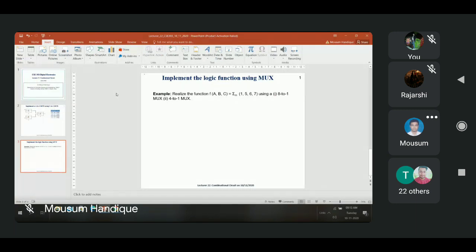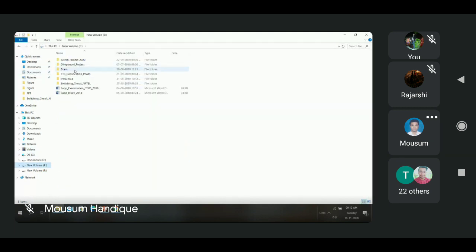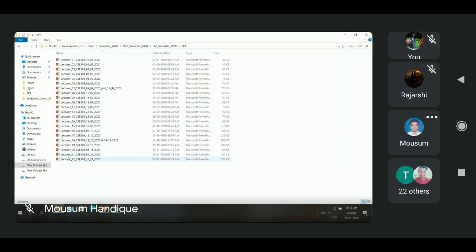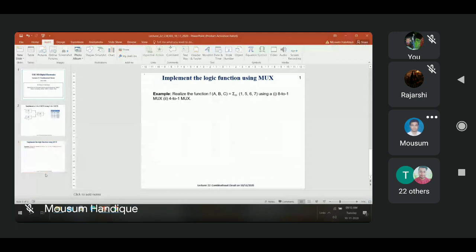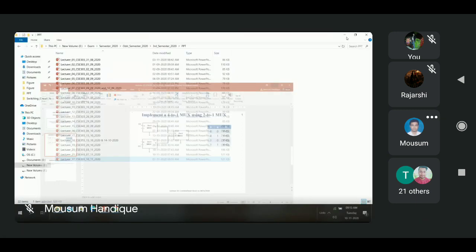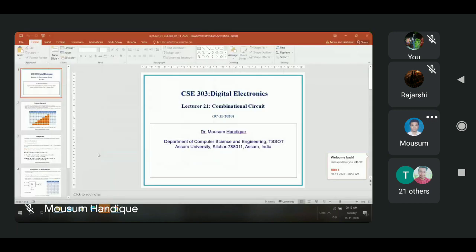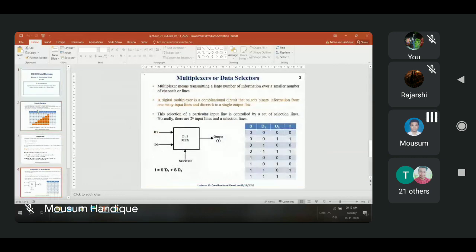Where is my slide? Ready? Where is the other slide? Have we already discussed this one or not?